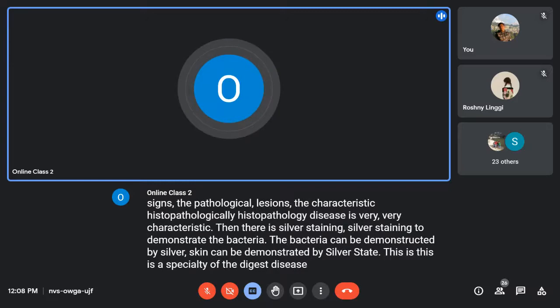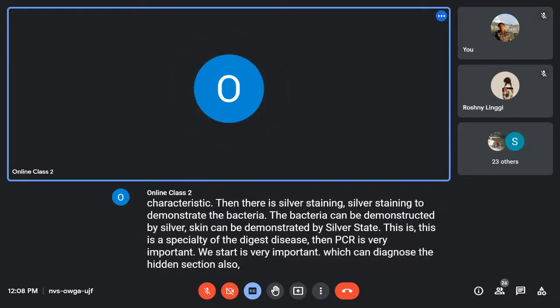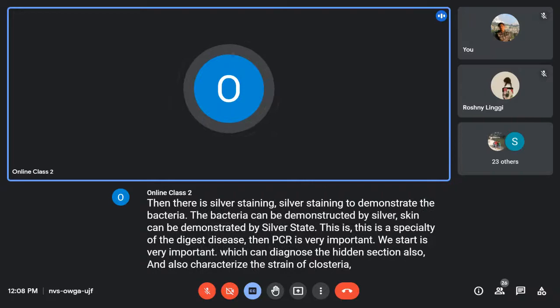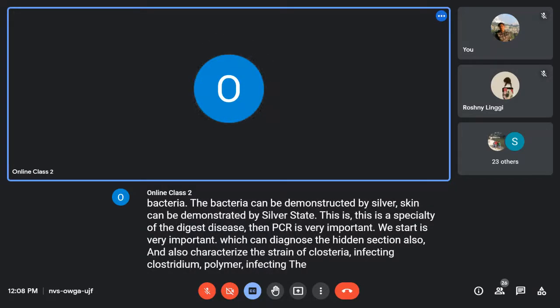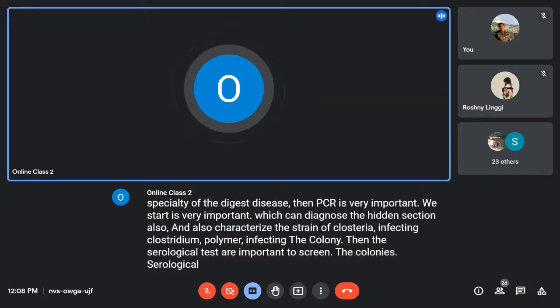Then PCR is very important, which can diagnose hidden infection and also characterize the strain of Clostridium piliforme infecting the colony. Then serological tests are important to screen the colonies.